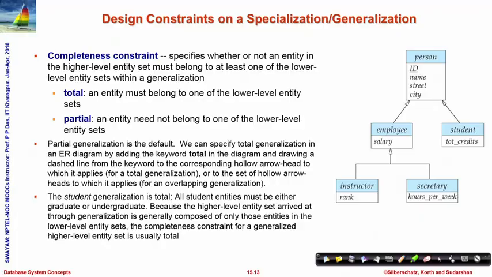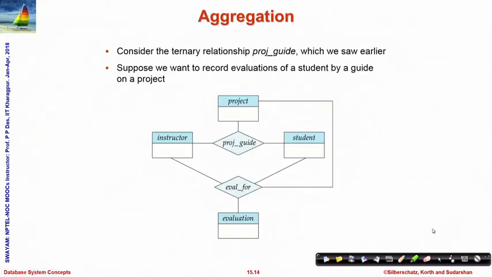It is not possible that I have a student who is neither a UG student nor a PG student. So, every entity at the higher level entity set student must feature in one of these two specializations. Therefore, they are necessarily total in the relationship. So, this is the completeness constraint that you can think of.